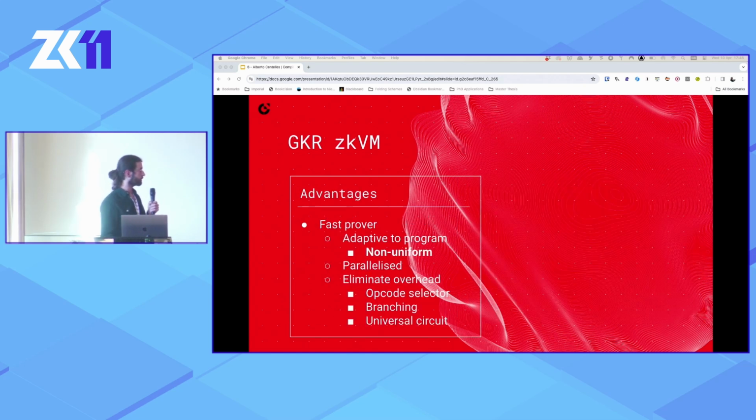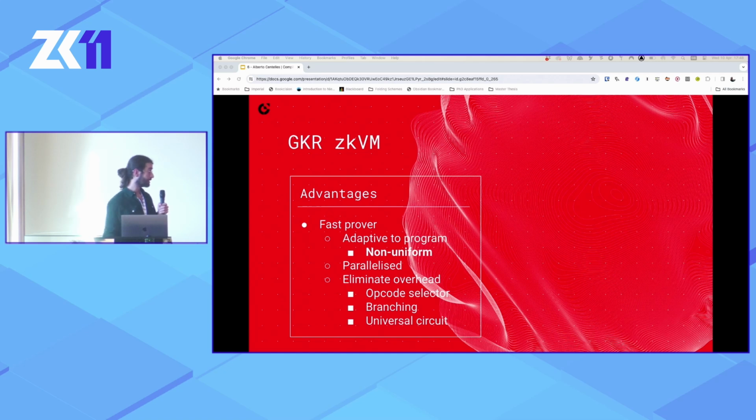So the advantage of this approach is that the prover is really fast. Now we no longer have this uniform circuit, but the prover adapts to every program. Now we're going to see how they address it, because they do it in a two-layer way, so that at the end of the day we have a uniform circuit.